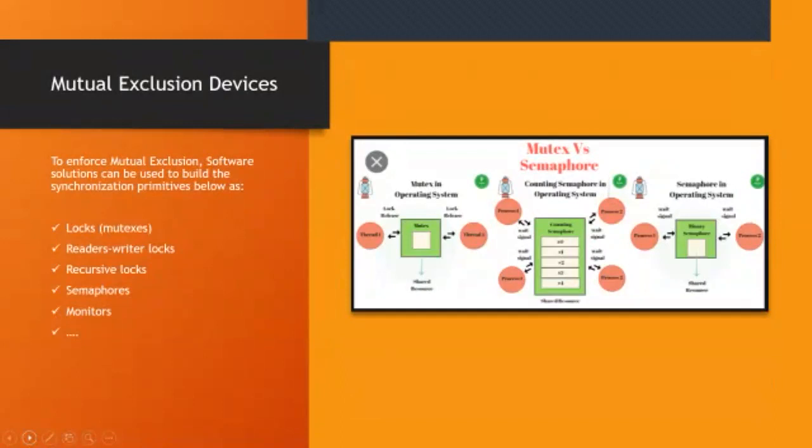To ensure mutual exclusion, software solutions can be used to build synchronization primitives such as locks, reader-writer locks, recursive locks, semaphores, monitors, etc.